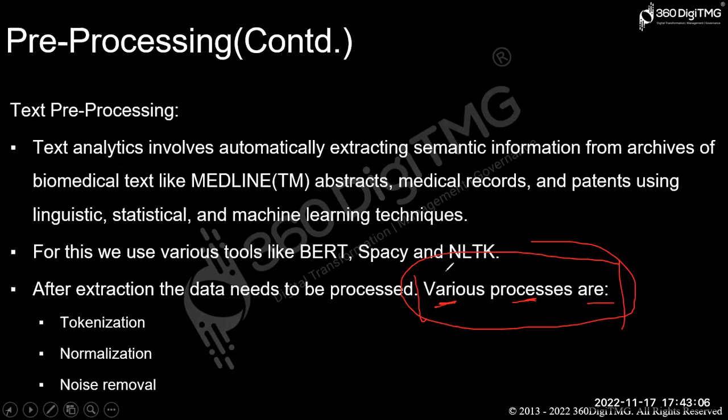So whatever sentences we have, we are simply breaking into words. Wherever there is a space, we'll simply split it. In that case, we will be calling it tokenization. And if you have noise removal, when you are extracting information from a website, there are so many anomalies, like tags, numerical numbers.